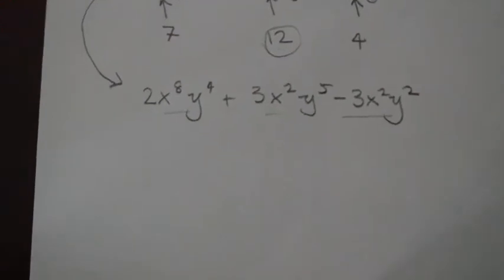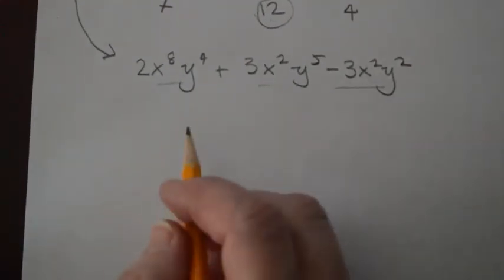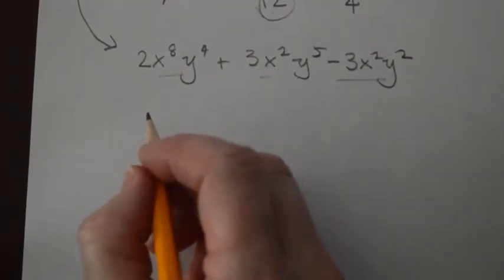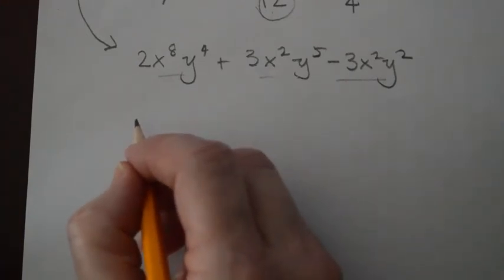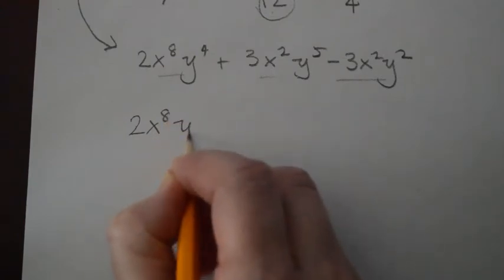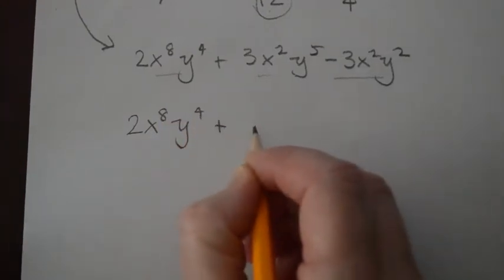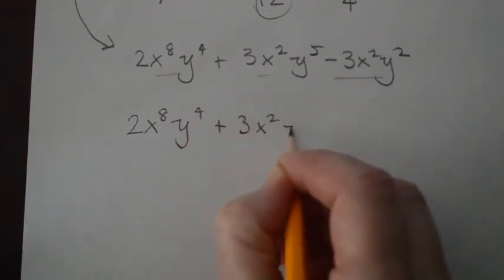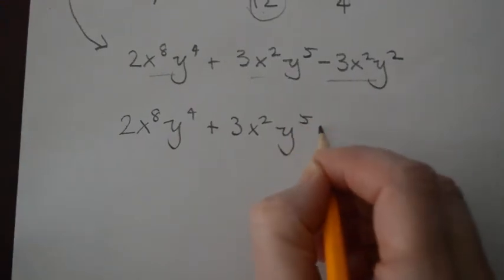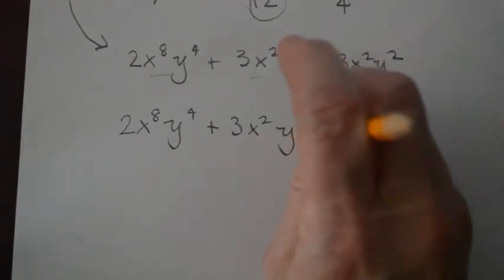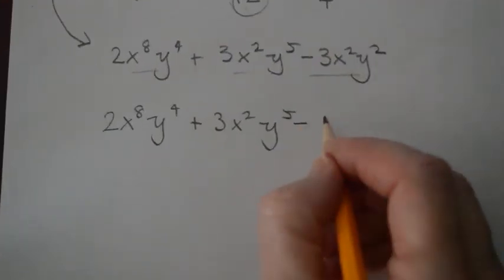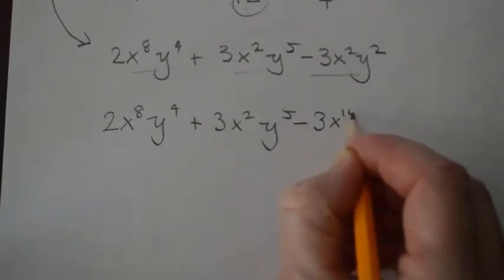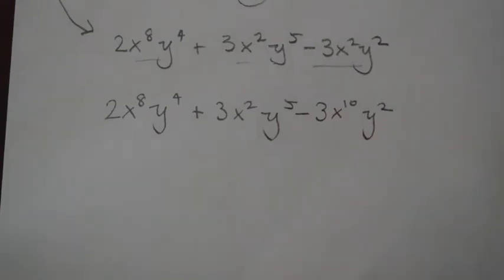Here's another question that you might be having, which I also had and looked up and couldn't find anything on. Suppose that instead of it being 2x to the eighth y to the fourth plus 3x squared y to the fifth minus 3x squared y squared, let's say it was minus 3x to the 10th y to the second.